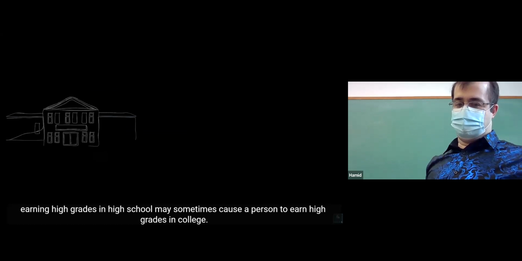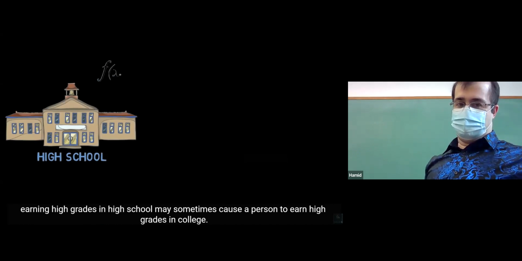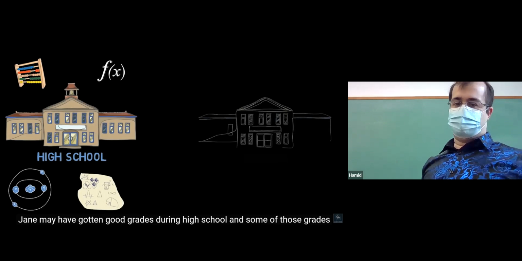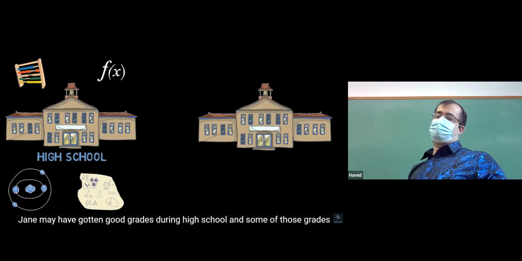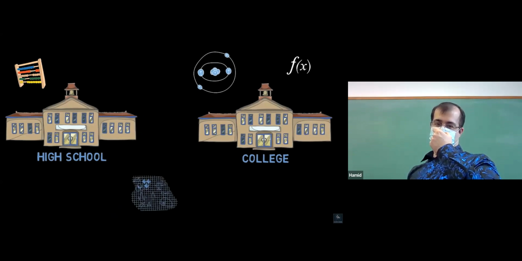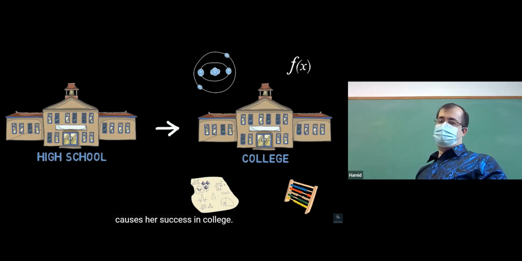Nonetheless, earning high grades in high school may sometimes cause a person to earn high grades in college. For example, Jane may have gotten good grades during high school, and some of those grades transferred to her college, which causes her success in college. Here, success in high school for Jane causes her success in college.